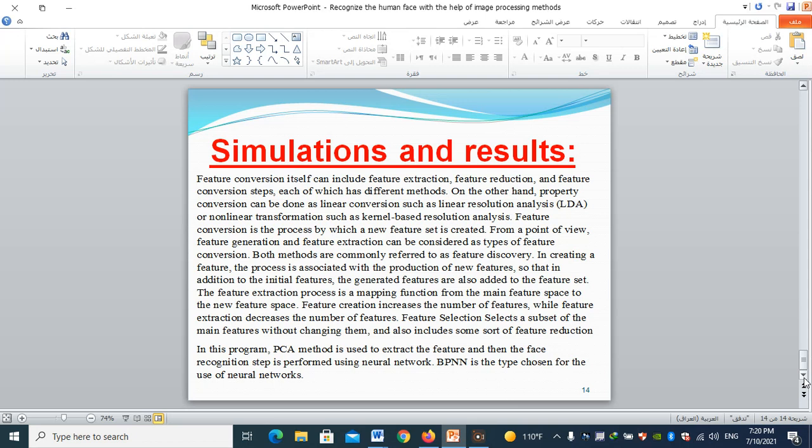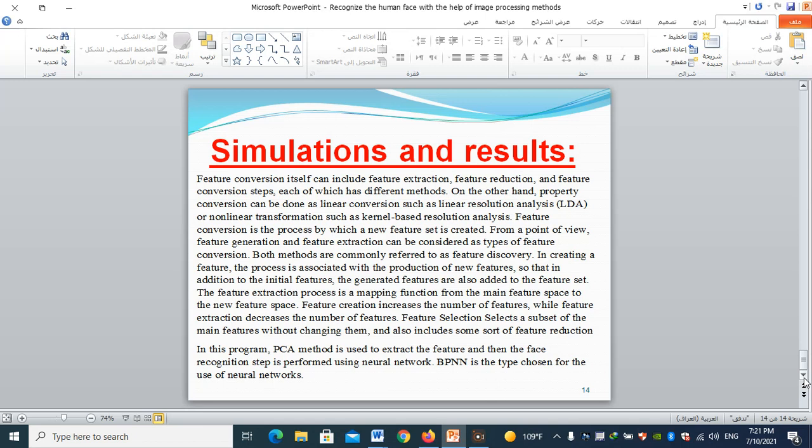Simulation and result. Feature conversion itself can include feature extraction, feature reduction, and feature generation steps, each of which has different methods. Feature conversion can be done as linear conversion, such as linear discriminant analysis (LDA), or nonlinear transformation, such as kernel-based discriminant analysis.